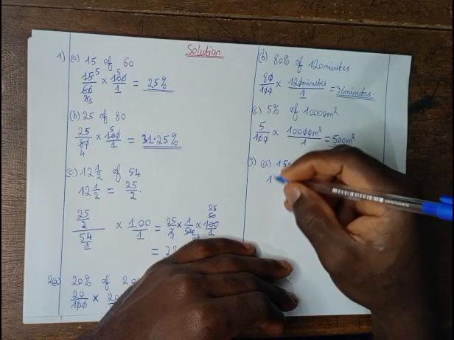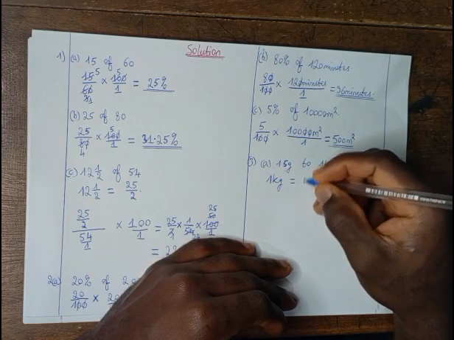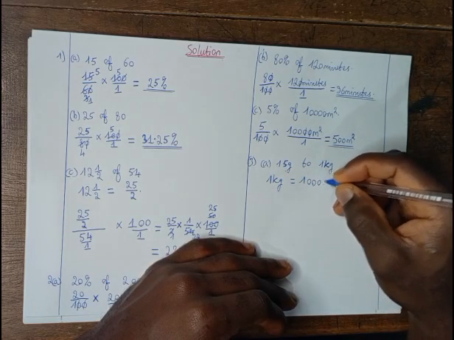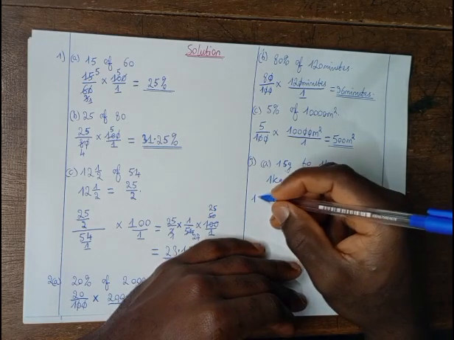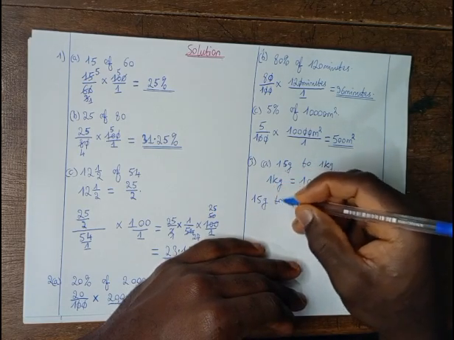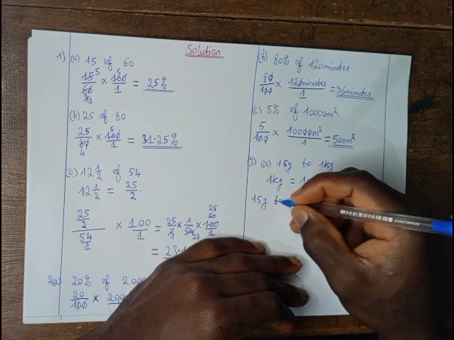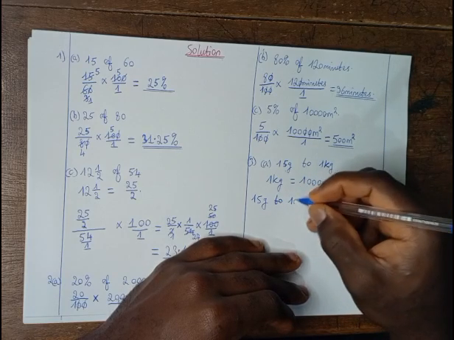We know 1 kilogram is simply equal to 1,000 grams. So 15 grams to 1000 grams.